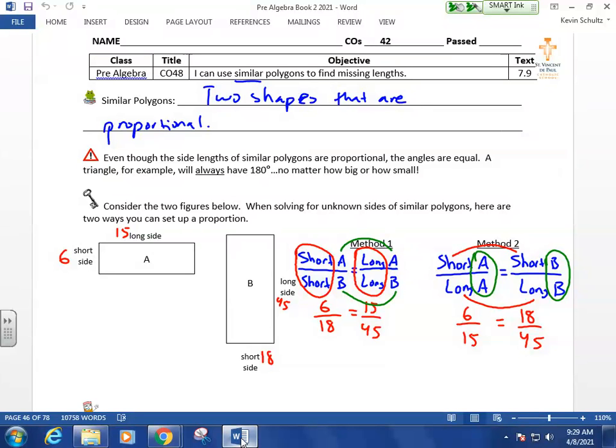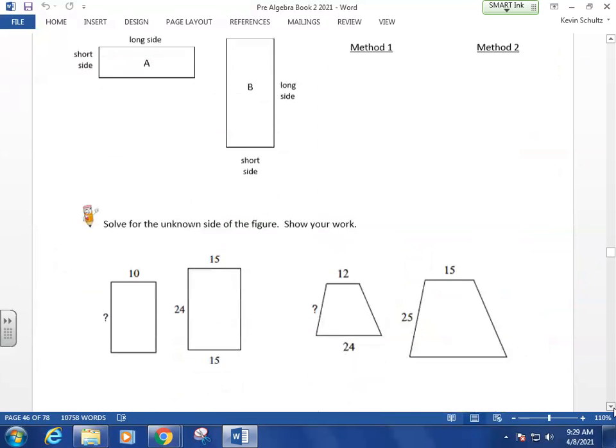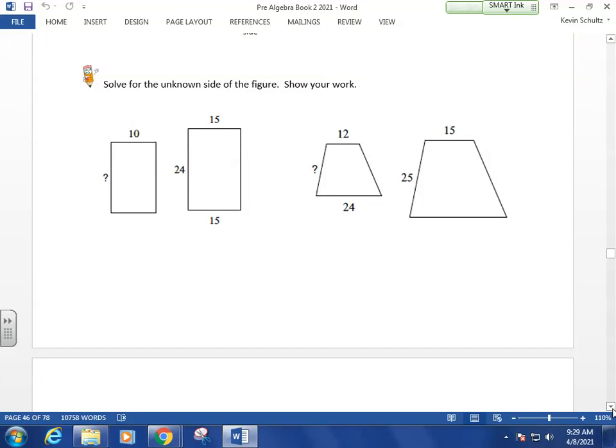All right, time for you to do a little practice yourself. Let's scroll down here. It says solve for the unknown side of the figure. Note it does say to show your work. I want to see the proportion that you set up. You can probably do some of these mentally. That's great. Okay, but I want to see the proportion that you would set up.